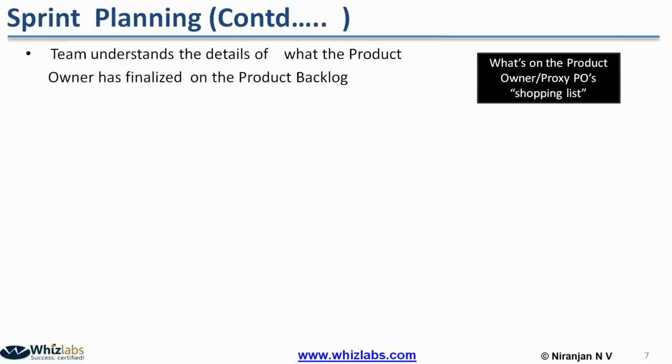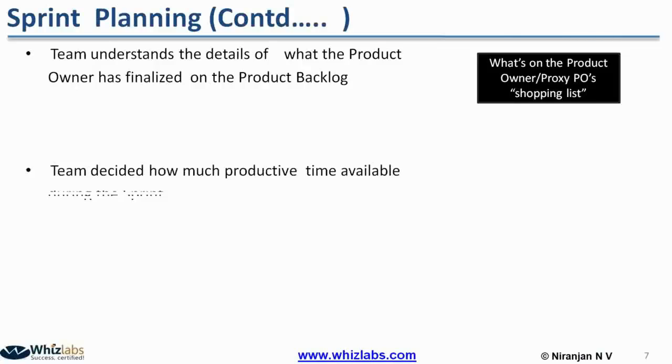There are 3 parts to the sprint planning meeting. One is that the team has to understand what the product owner wants to be done in the current sprint. It's like telling what is there in the product owner's shopping list. Once the team is told what the product owner wants to be focused on, the team should also identify how much available time they have for this current sprint.